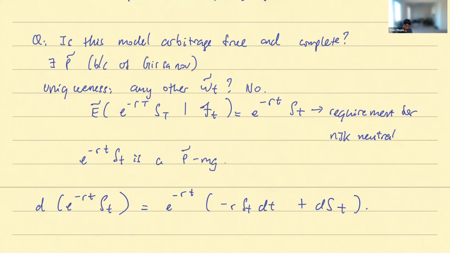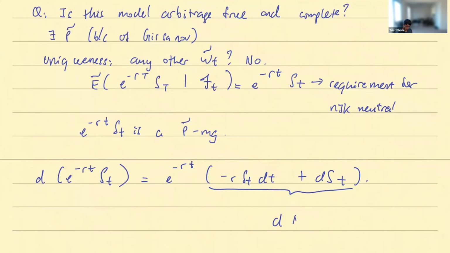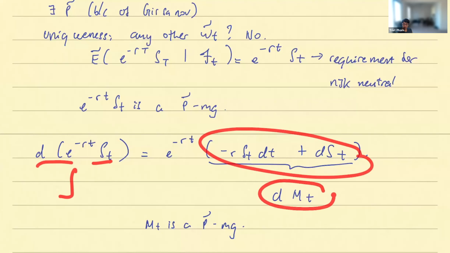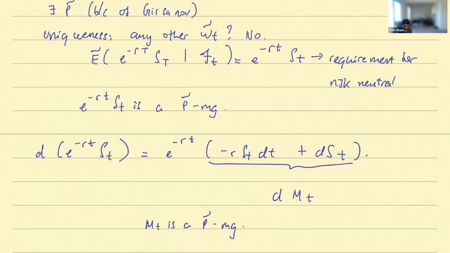So this part must be d of some martingale. It comes from the fact that the only way you can retain the martingale when you integrate back is for the change itself to be a change of some martingale. That's all it's saying.